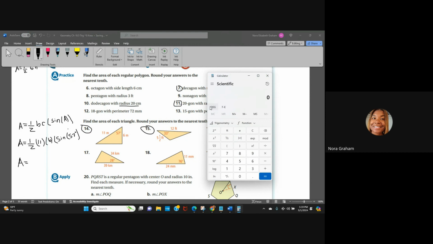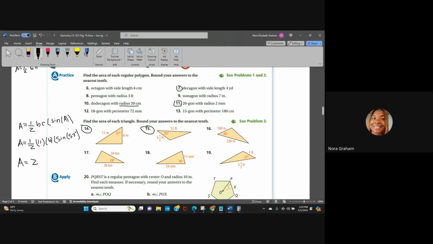The answer you'll get is 1/2 times 11 times 6 times sine of 57.7. We'll get 27.6, but we'll do 28. 28 cm squared. Okay. That's the answer for that one.